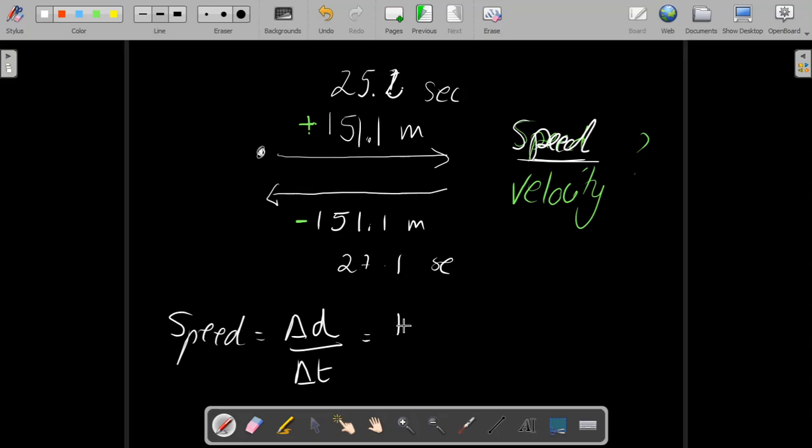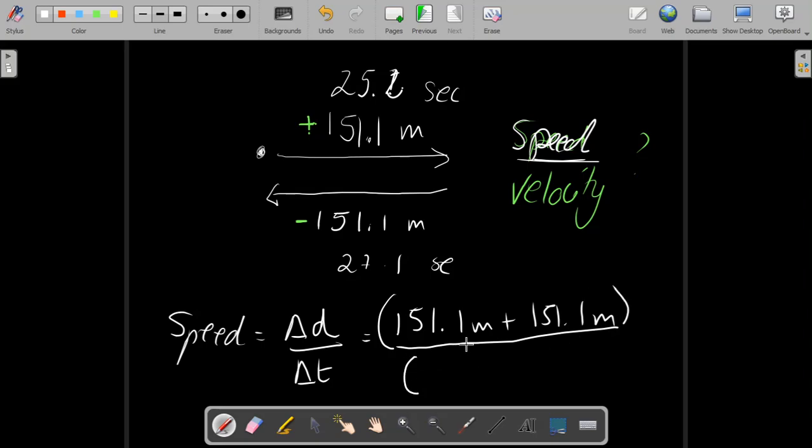So it's 151.1 meters plus another 151.1 meters. And if you add it up, and then divide it by the total time, I will put this in parentheses in my calculator, and I would do the division. A fraction is a division.